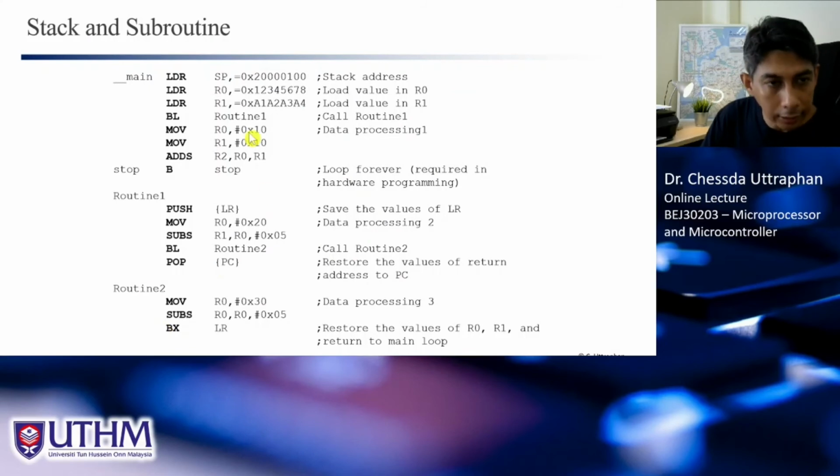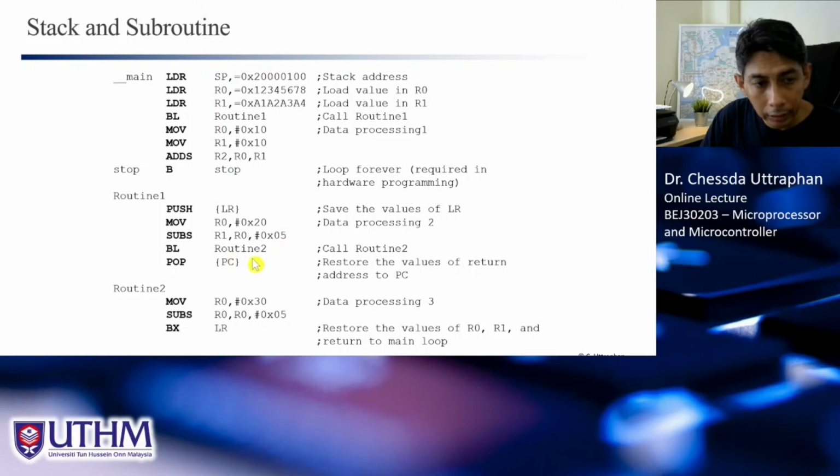So let's see, this is the program. We call BL routine 1, and here you see we save the return address, which is the address of this one. We save the LR in the stack, because when you use the BL instruction, it will save the return address automatically in LR, and we need to save that value in the stack. And we run any instructions here that we want to do.